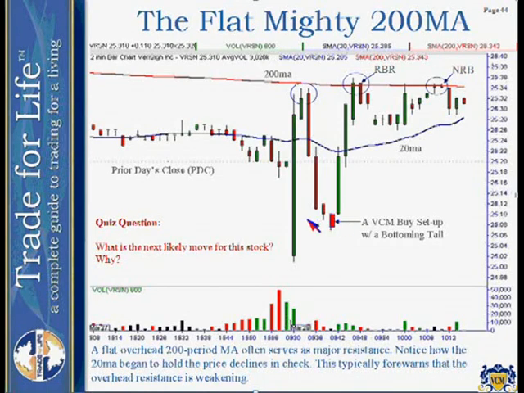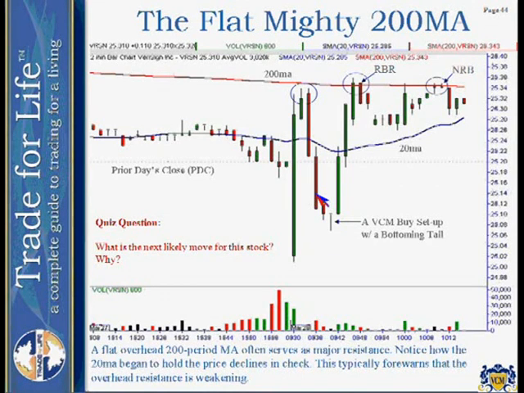Now, you've bought already, right? What are you doing now? Get in again. You got the 55 and the 100 on the same bar. You bought it twice. And look at your reward.